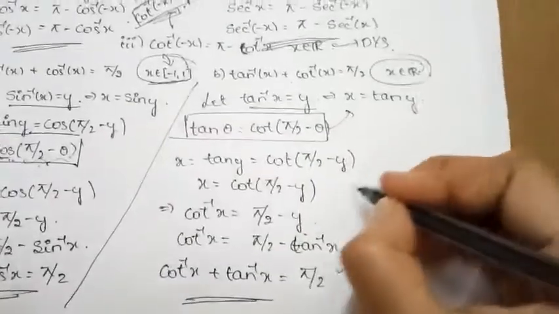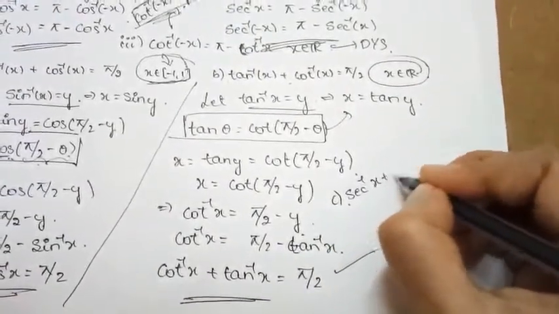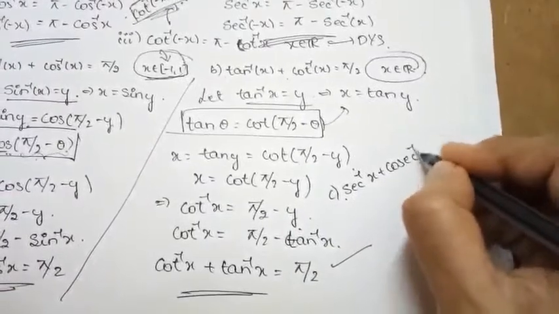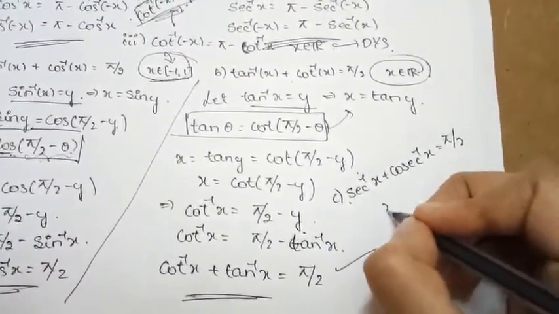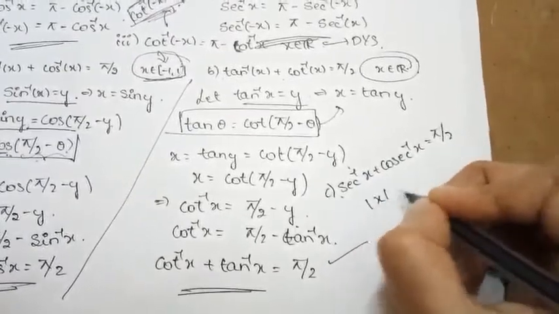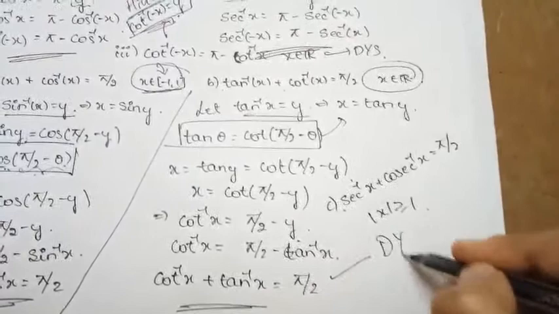Similarly, you can prove that secant inverse of x plus cosecant inverse of x is equal to pi by 2 when mod x is greater than or equal to 1. So try to do it by yourself.